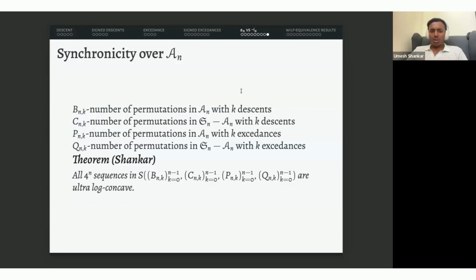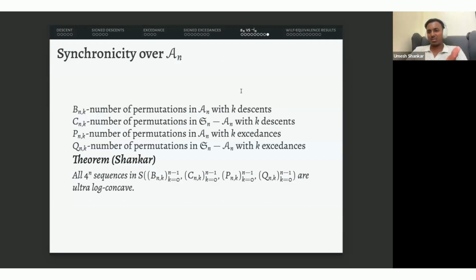So all 4 power n sequences that can be formed with these 4 sequences are all ultra log concave. So this is my result. When you look at these 4 sequences in particular, they are ultra log concave. If these polynomials were real rooted, we would expect these coefficients to be ultra log concave.